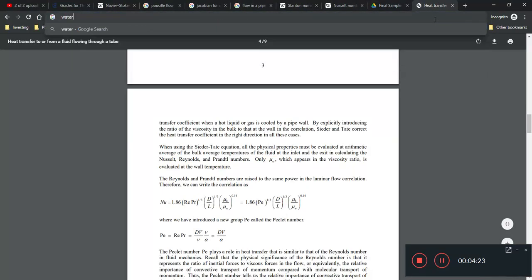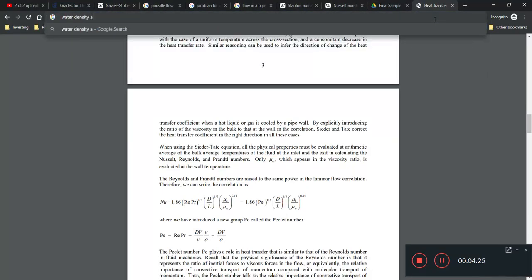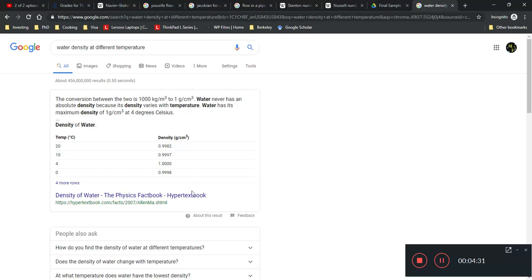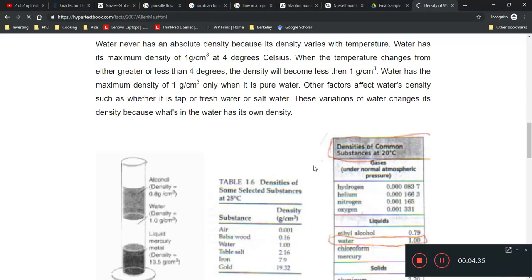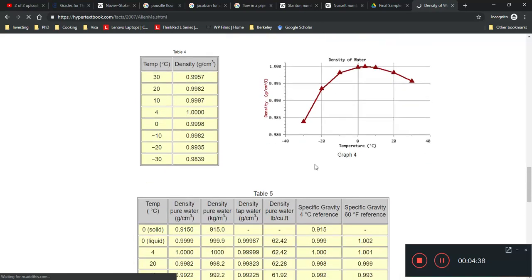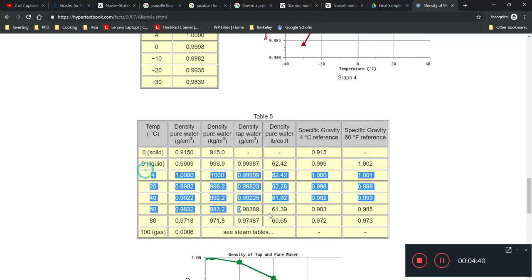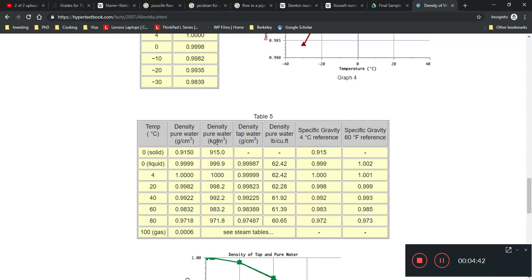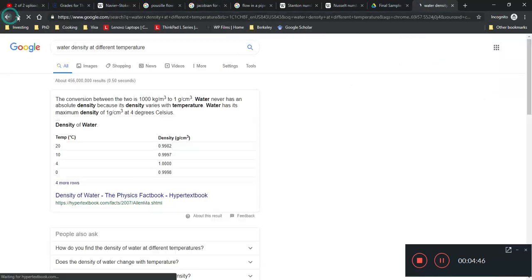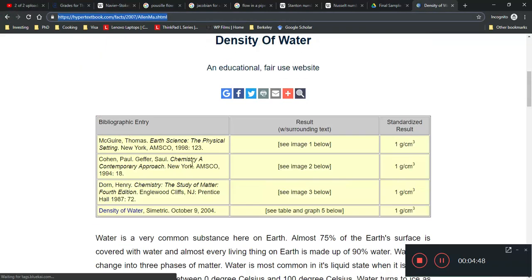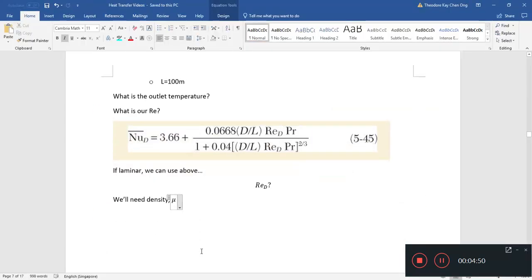Water density at different temperature. So we're going to just do a quick Google search. This will do. Good. We have some interesting values here. This we'll just copy and paste.